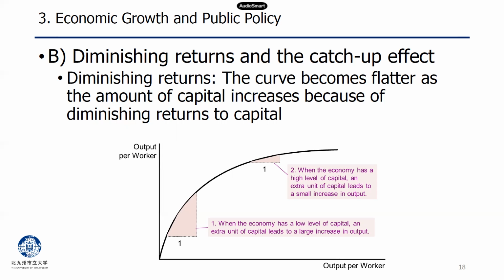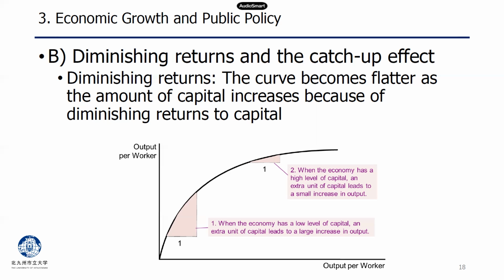That can be explained by the concept of diminishing returns. I think we learned the concept of diminishing returns in microeconomics, right? If we put more input and more input and more input, the efficiency gets lower, right? I think we had the example of having a cafe.